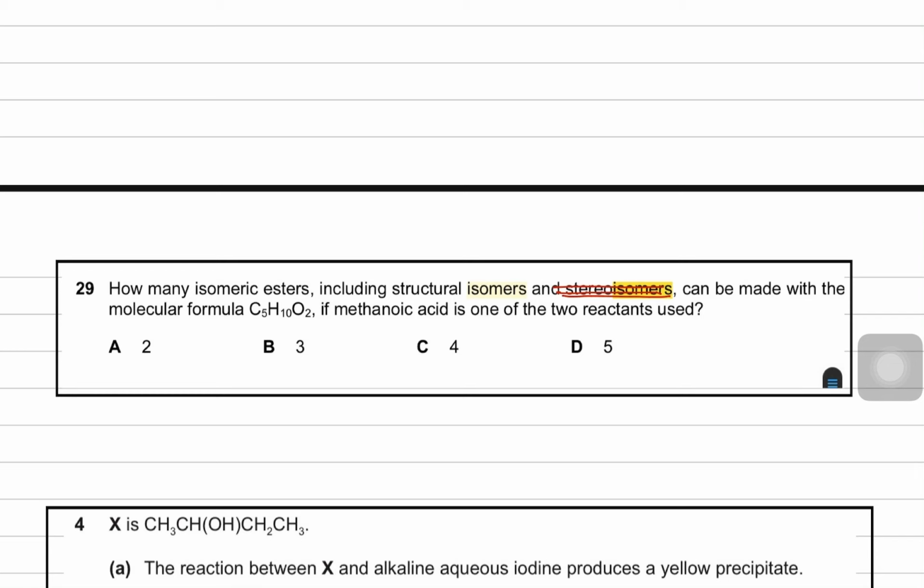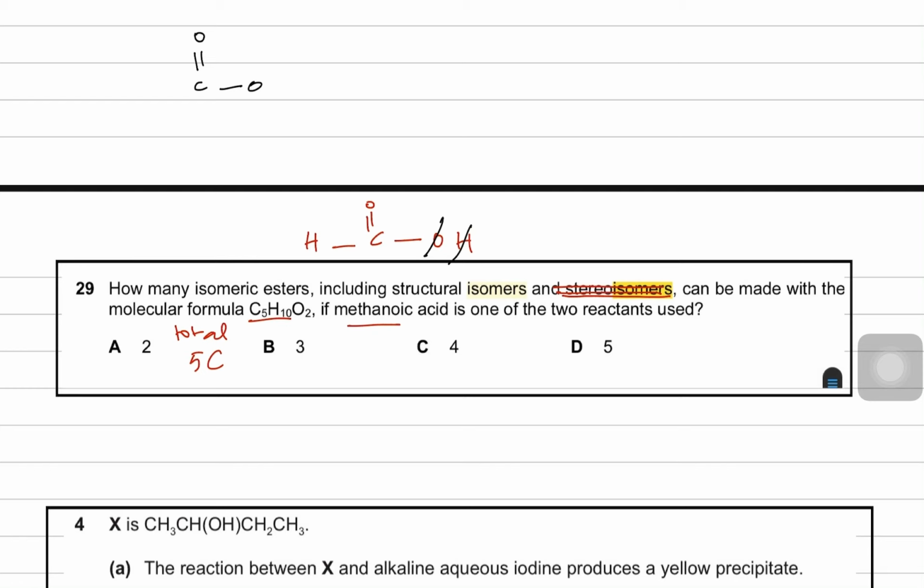Now remember, methanoic acid looks like this with only one carbon atom, and we have a total of 5 carbons. Remember, the ester has this functional group. Now if methanoic acid is one of the acids used, we know we have to remove the OH from the methanoic acid.